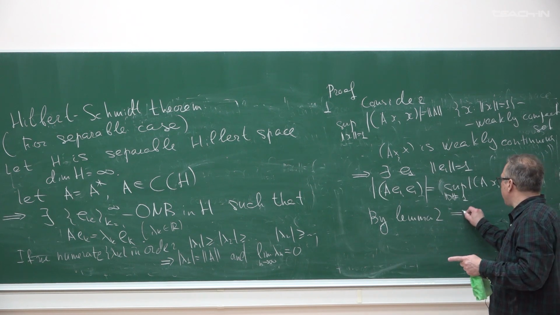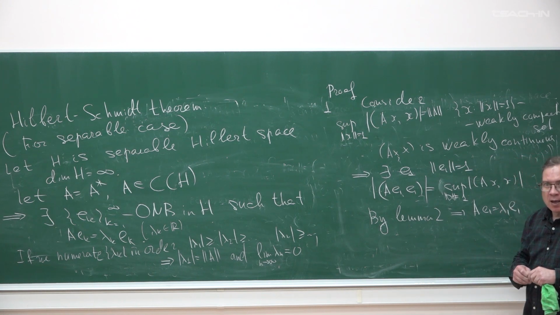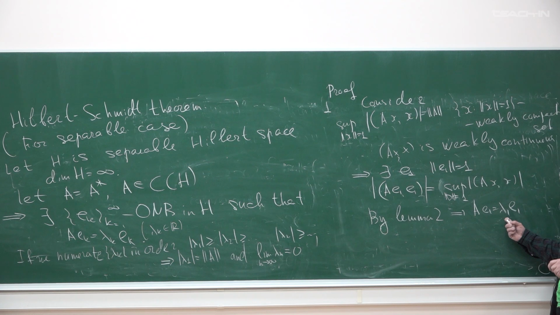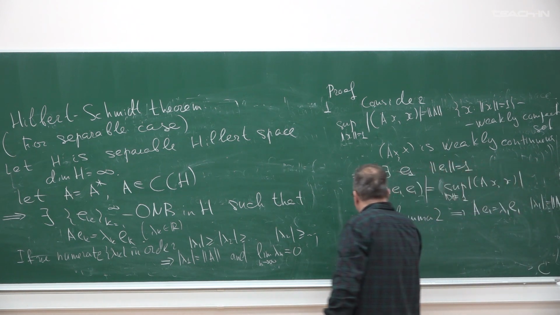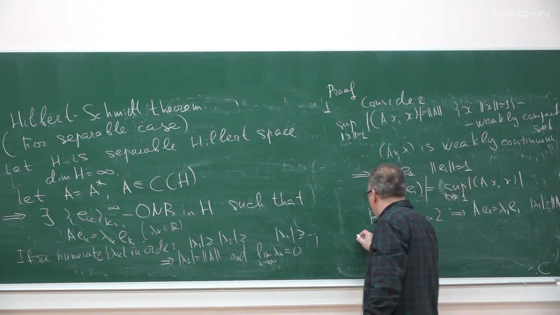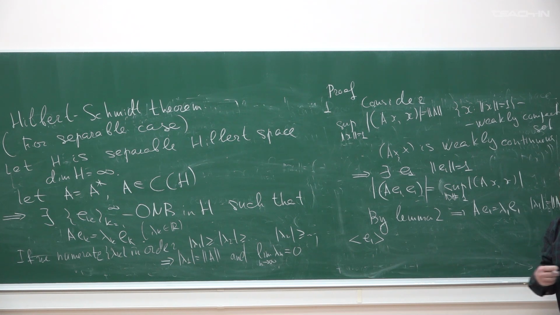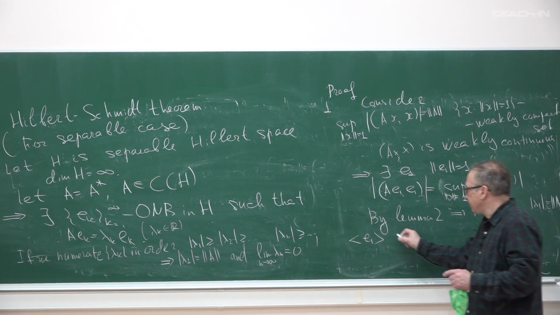So we immediately obtain that A e1 equals lambda 1 e1, and the absolute value of lambda 1 is the norm. Yes? It's just Lemma 2. And now Lemma 1. What can you say about this space, the linear span of e1? It is invariant for A. Yes?